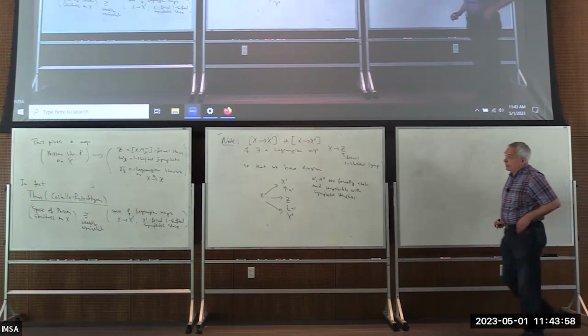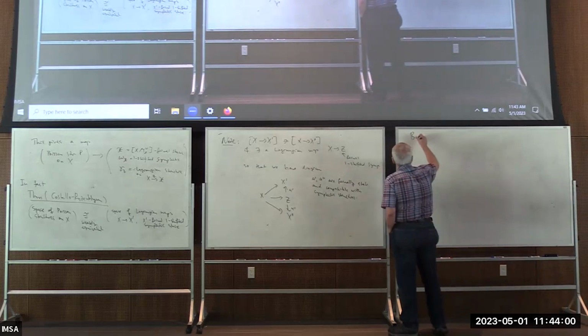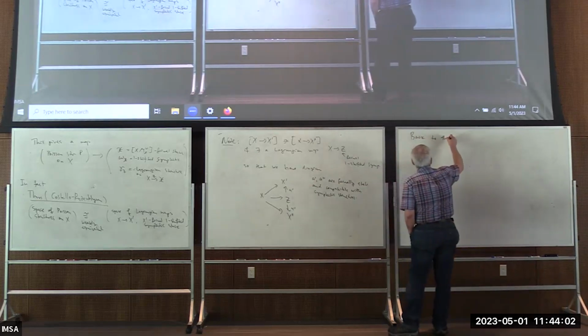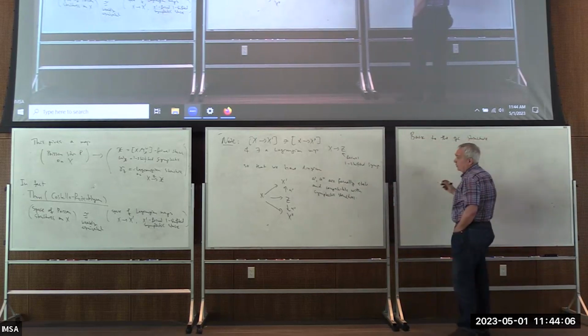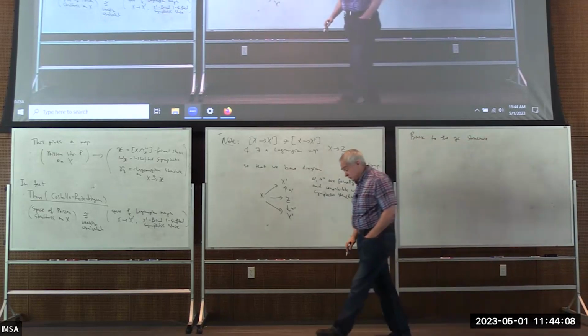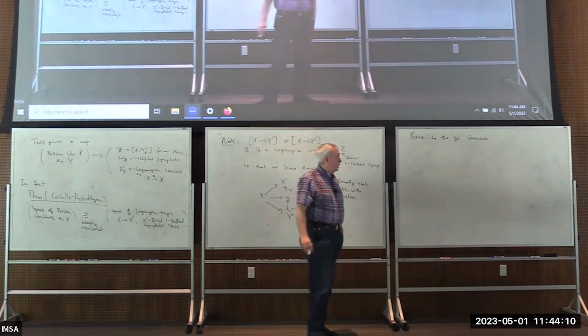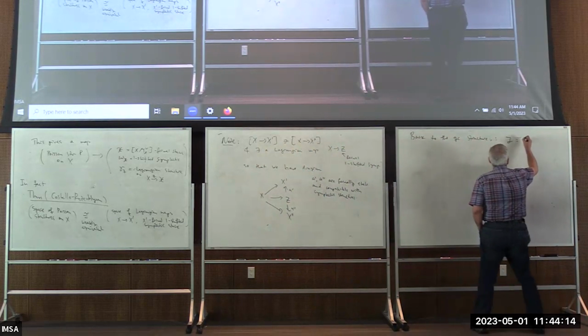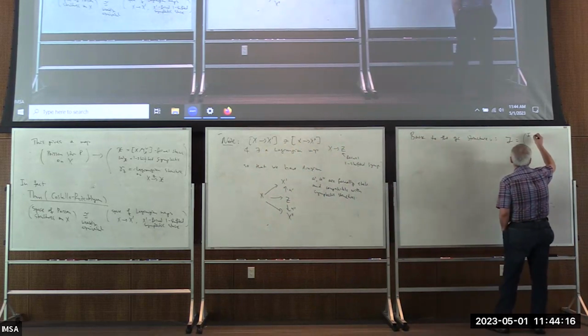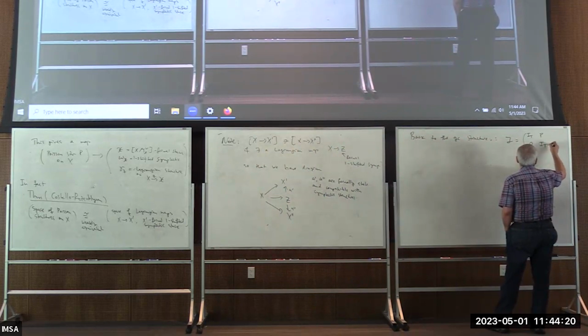Okay, now back to the GC structures. I only focus on one piece of the GC structure, which is the Poisson structure. But the GC structure, remember, had I, P, Q, and I check.